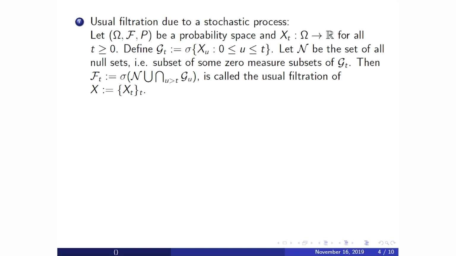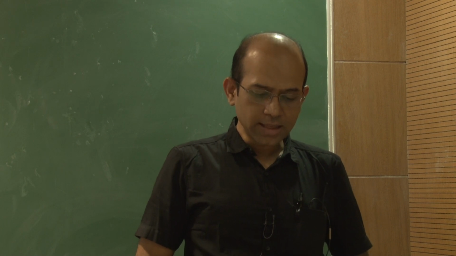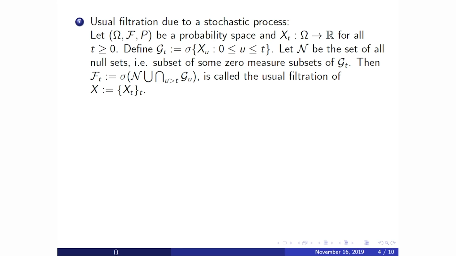However, for some applications and for proving some interesting theorems, we need some more properties of a filtration. One of these is right continuity, and another thing is completeness. So, these are the notions which I am presenting together rather than separately.